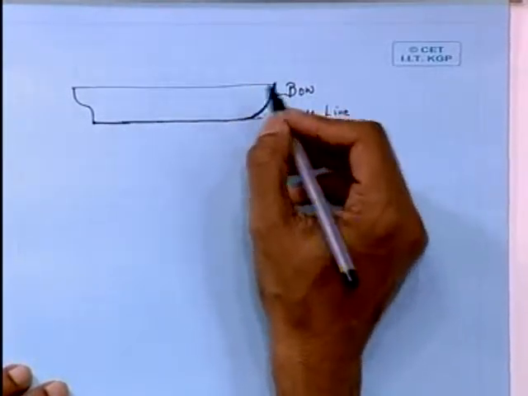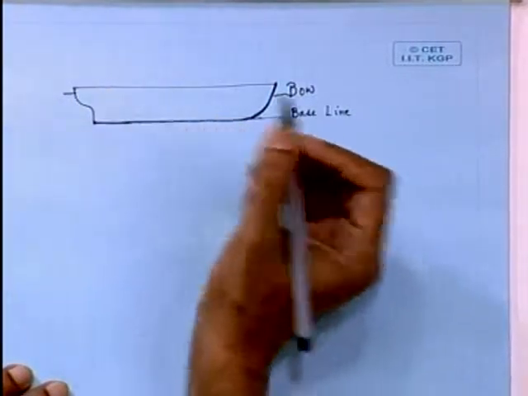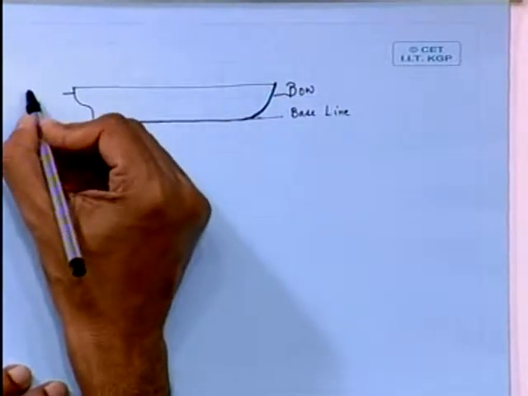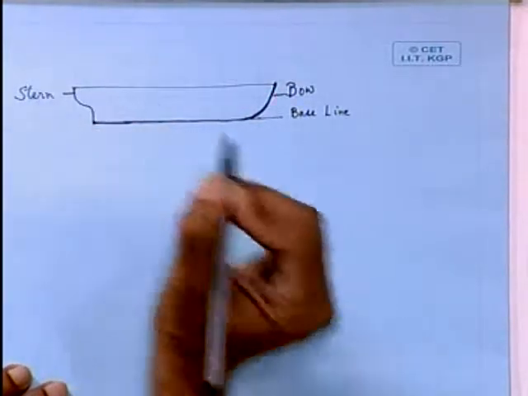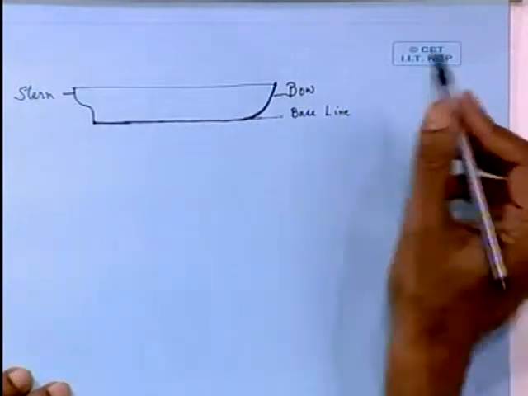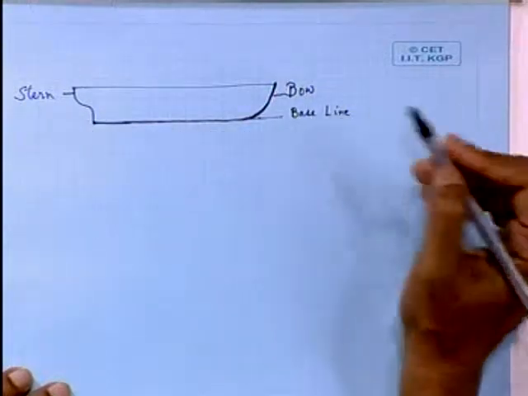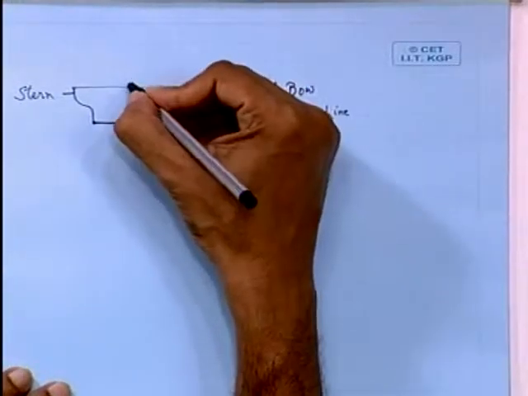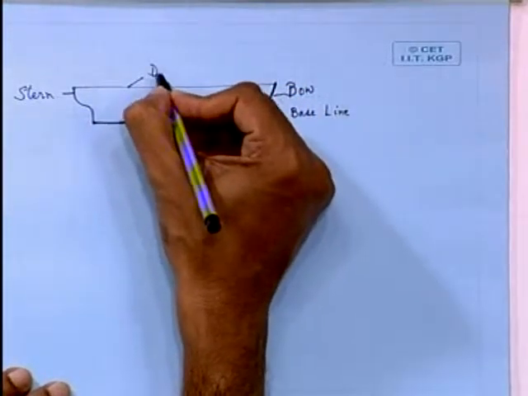Then on the right hand side you have the bow, and at the aft end or the rear end of the ship you will find the stern. So I have got at the center plane these three lines defining the bow, the stern and the baseline, and you have the deck line. Normally this is called deck at side.